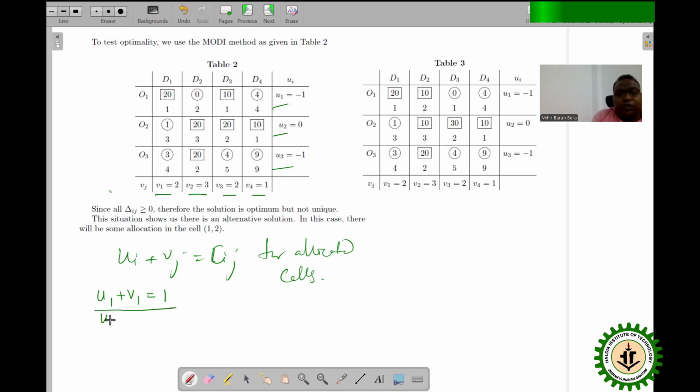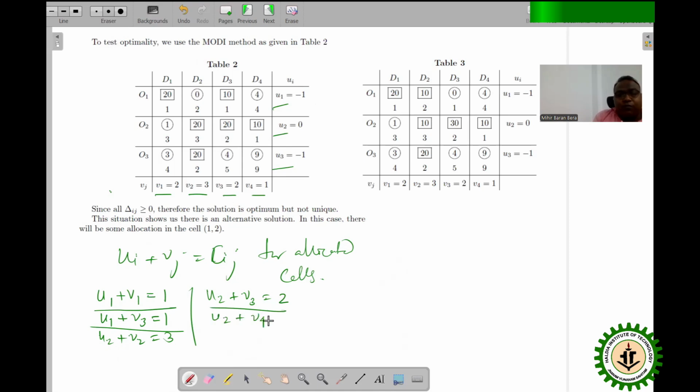Second relation: U1 plus V3 is equal to 1. Then U2 plus V2 is equal to 3. U2 plus V3 is equal to 2.